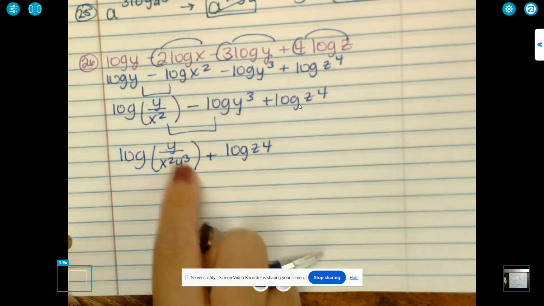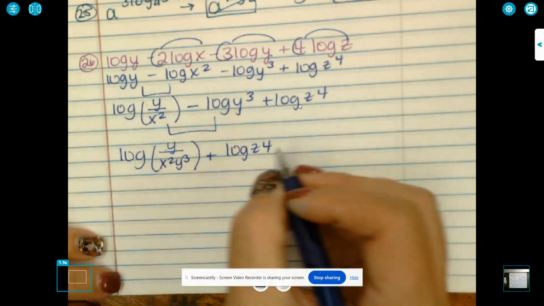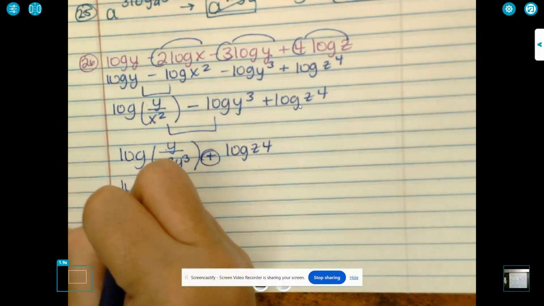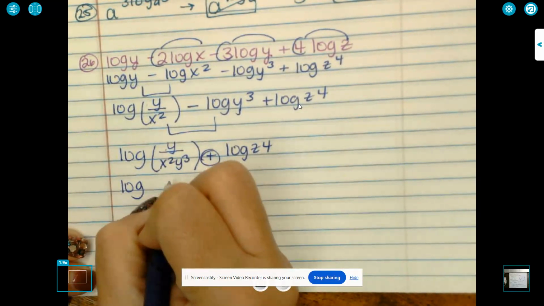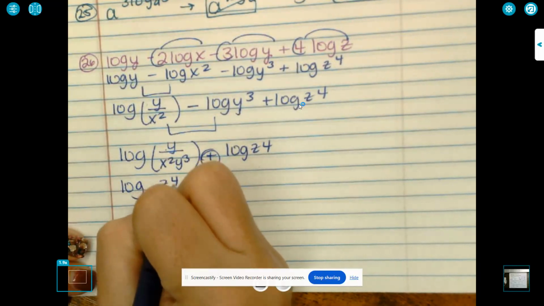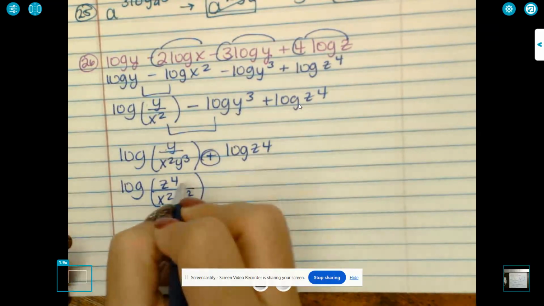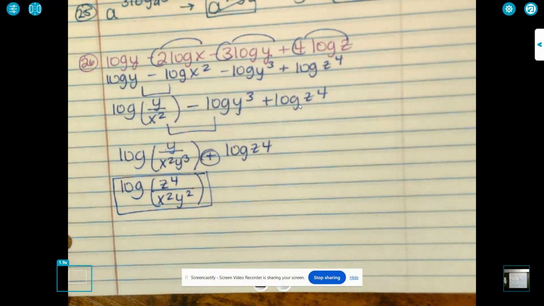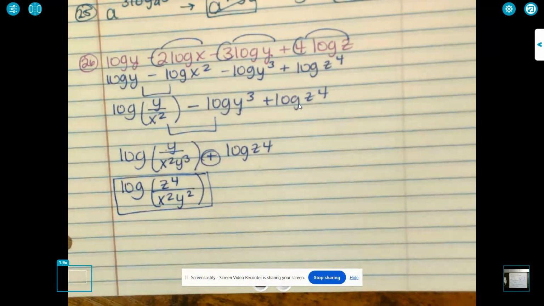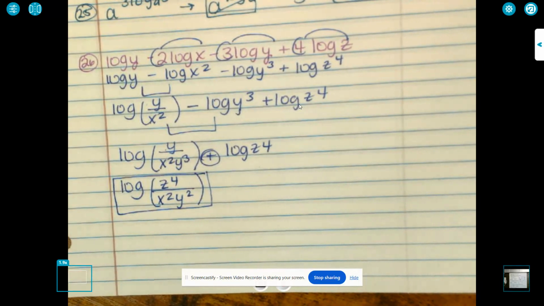The y and y cubed, that's what I'm talking about. Those would cancel, and we're multiplying, so it's going to be log, the z to the fourth would come to the top, and x squared y squared will be your bottom. Again, I could spend another page of work showing you 3 or 4 different ways to do that problem.